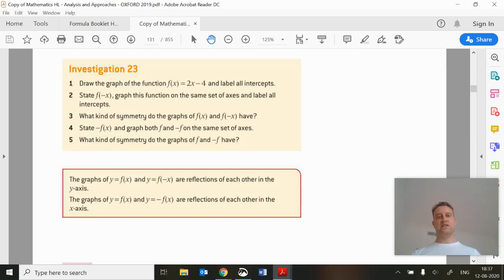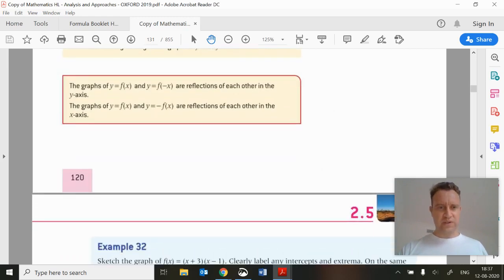And the second one says y equals minus f of x is a reflection of y equals f of x in the x-axis. So that one's relatively obvious, I think, that you're changing your positive heights to negative heights. f of x is a height, of course, and we're changing them from positive to negative or negative to positive. So that's pretty straightforward, to be honest.